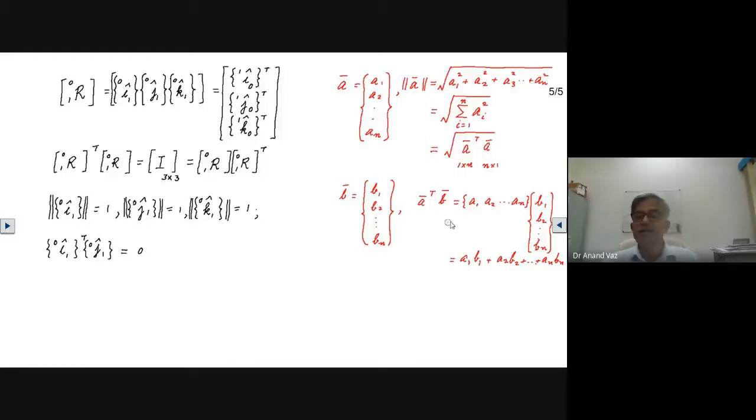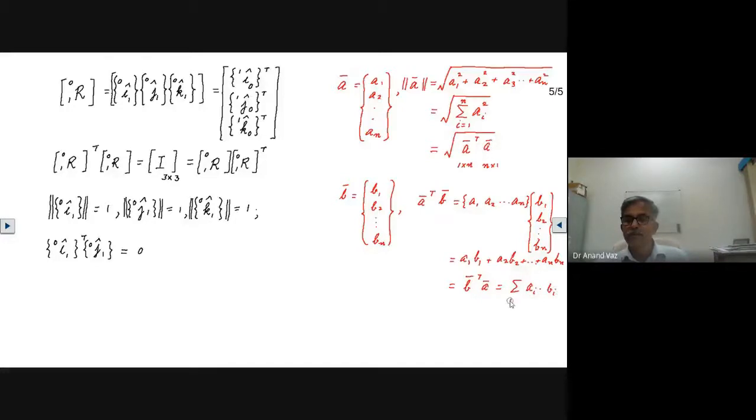You could also have taken it as B transpose A, because it's a scalar. It's the same thing.